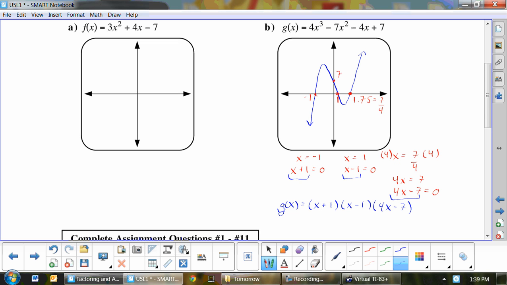Okay, so are there any questions about this last step? Okay, so how did I get the 4x minus 7 is the question. So if we have x is equal to 7 over 4, we multiply both sides by 4.